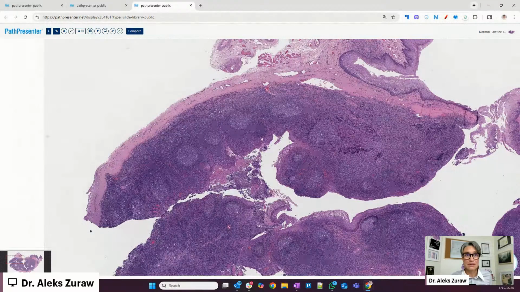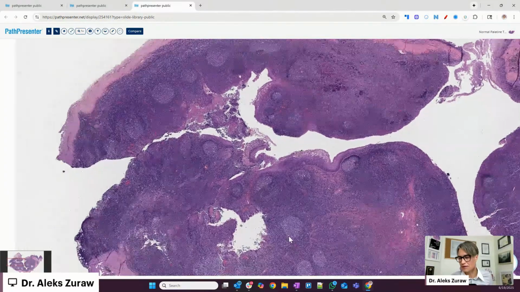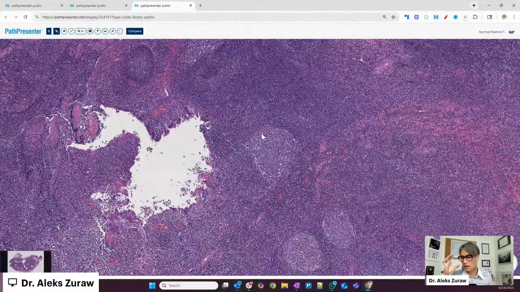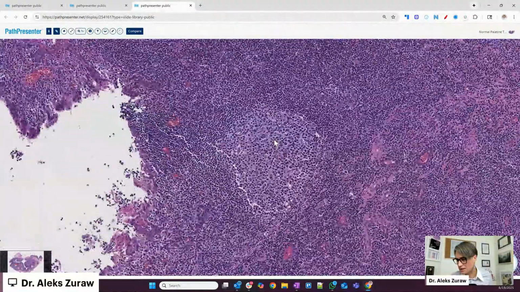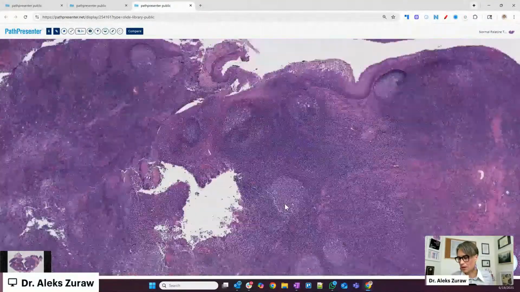And they are basically dense aggregates of lymphocytes. And the secondary follicles, they have this germinal center, something that is active and proliferates. These are B lymphocytes, and they have more cytoplasm. When you look at them, why are they lighter from far away?